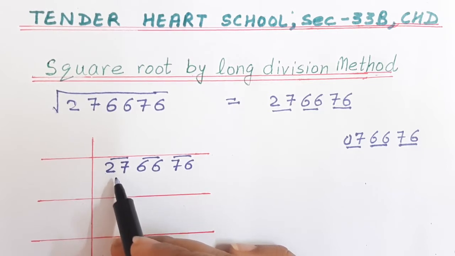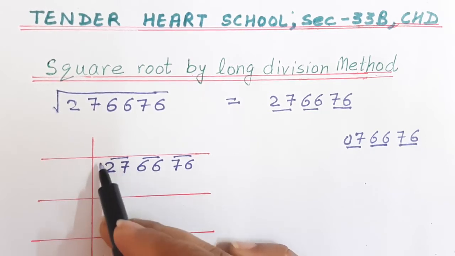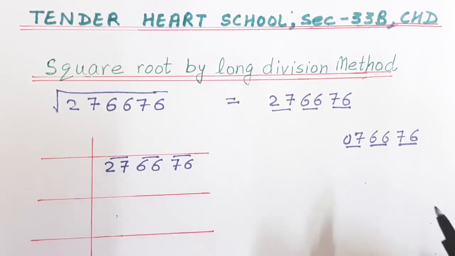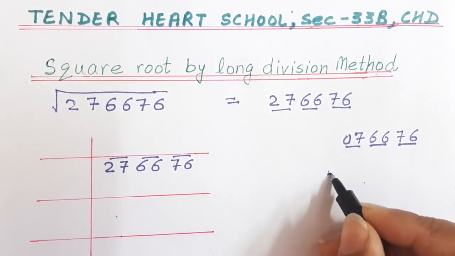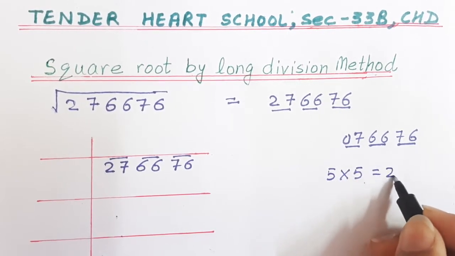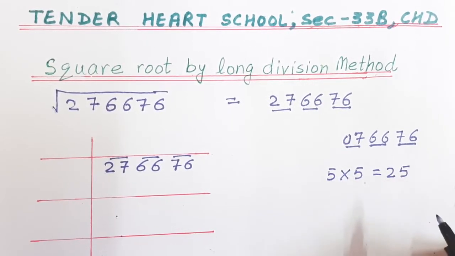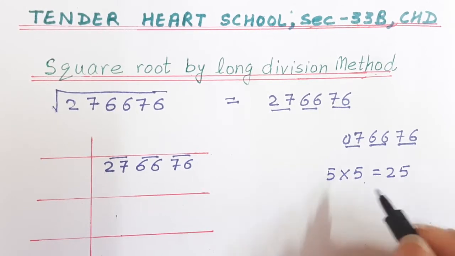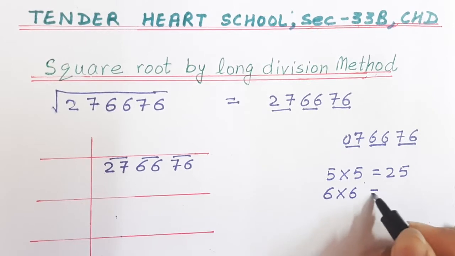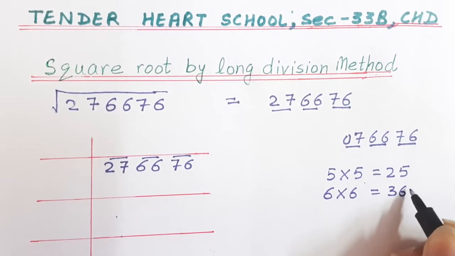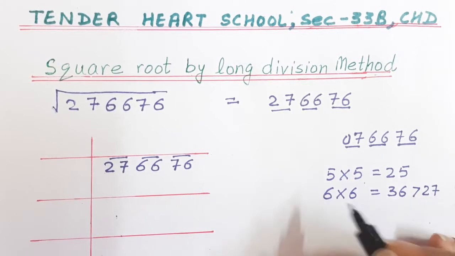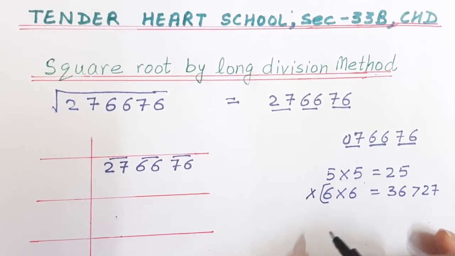Now students, we know that 27 is not a perfect square. But we know that 5 multiplied by 5, that is 25, is a perfect square. If I consider 6 multiplied by 6, that is 36, which is greater than 27.